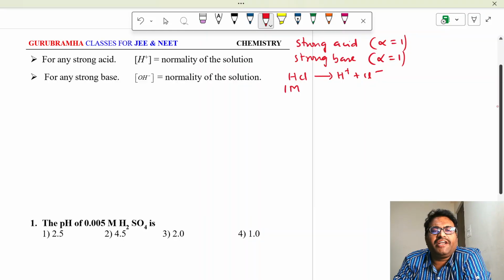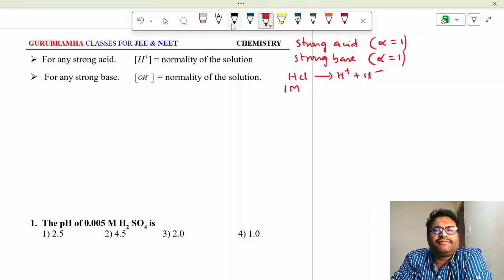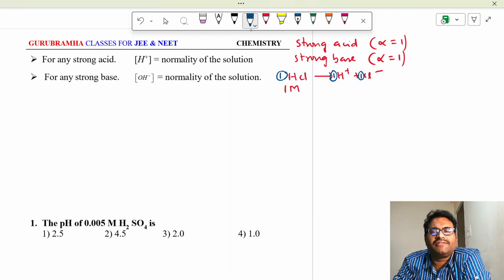Molarity can be converted into normality. And we know that according to the stoichiometric equation, 1 mole of HCl on dissociation gives 1 mole of H plus and 1 mole of Cl minus. Then here 1 molar of HCl on dissociation gives 1 molar of H plus and 1 molar of Cl minus.